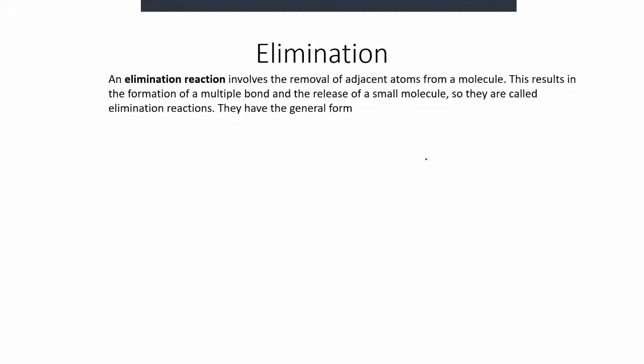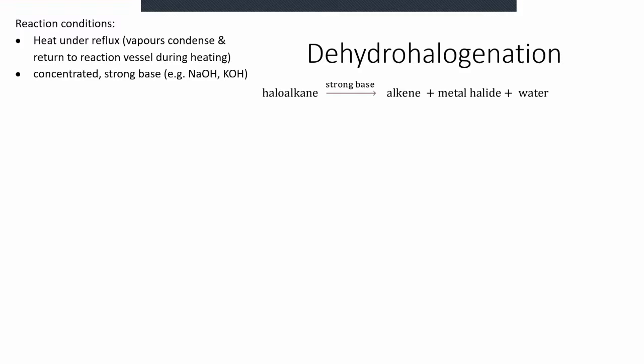All right, here's what happens in a typical elimination reaction. I'm going to use the first one, which for me would be dehydrohalogenation. Let's explain that. In dehydrohalogenation, you are removing a hydrogen and a halogen from a haloalkane. Let's get this right.